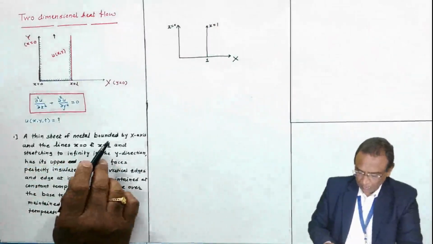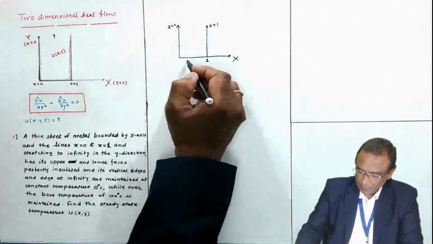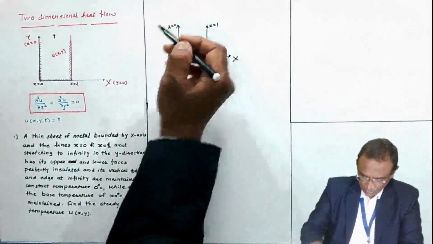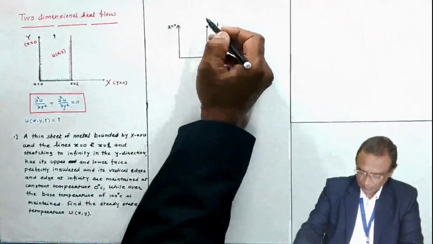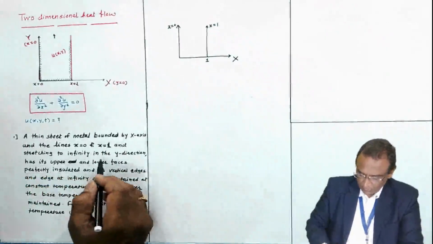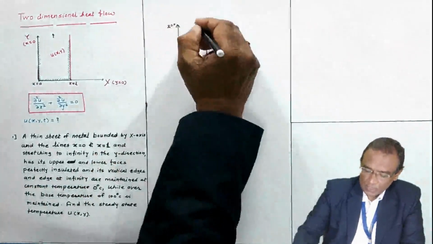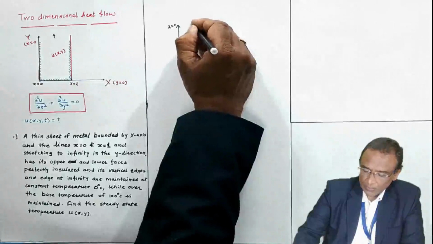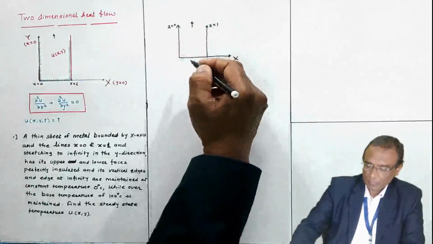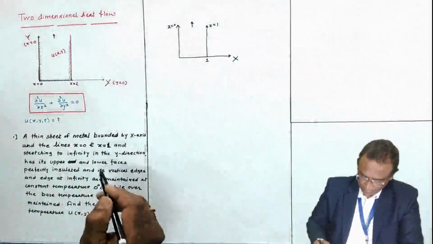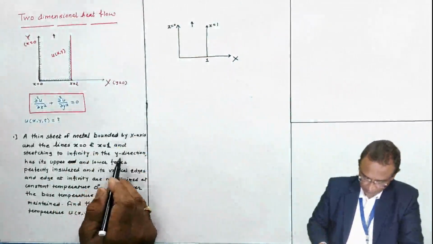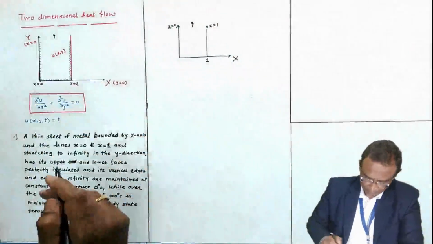The thin sheet of metal is bounded by the x-axis, the line x equal to 0, and the line x equal to 1, stretching to infinity in the y direction. That means the vertical length of the sheet is infinity. The sheet is stretched up to infinity in the y direction.